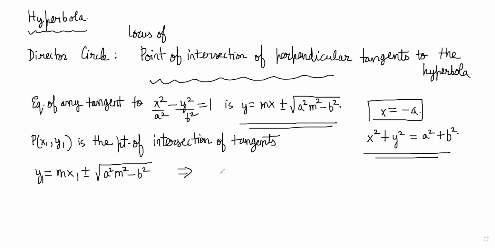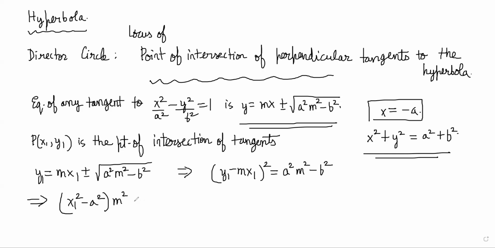Now from here, we can square it. Y1 minus mx1 whole square is equal to a square m square minus b square, and make it a quadratic equation in m. If you simplify, this is what you get. Quadratic in m like this, minus 2x1 y1 m plus y1 square plus b square.